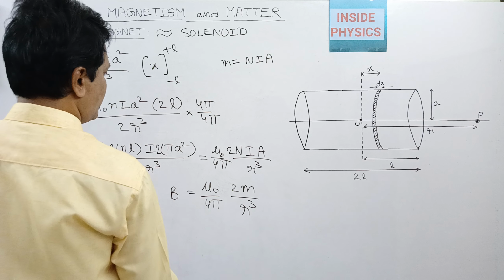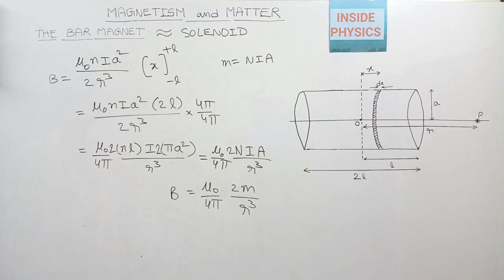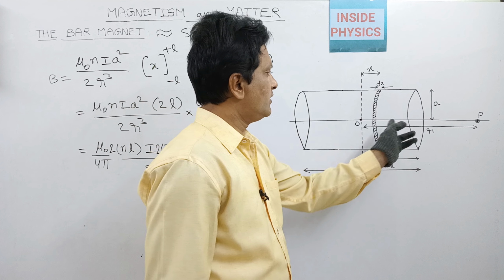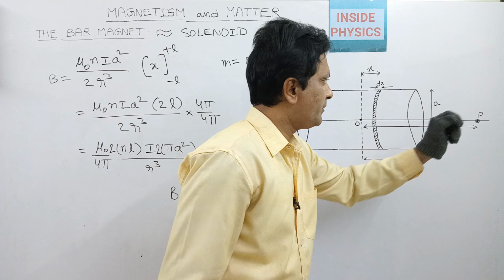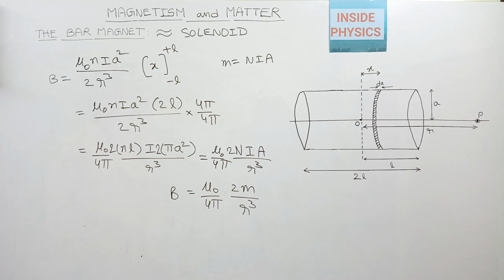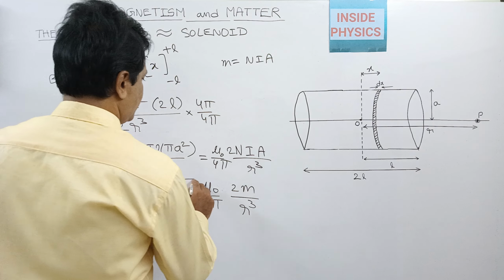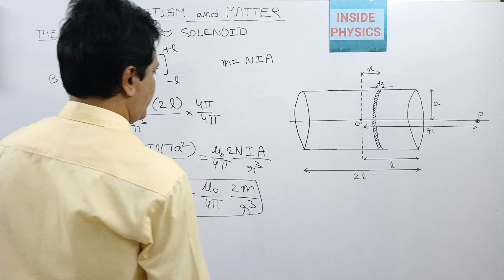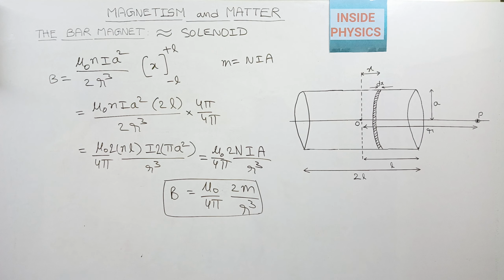This is the total magnetic field generated by a solenoid having n number of turns on the axial line at a point P taken at a greater distance from the center of the solenoid. So this magnetic field exactly resembles the magnetic field generated by a bar magnet.